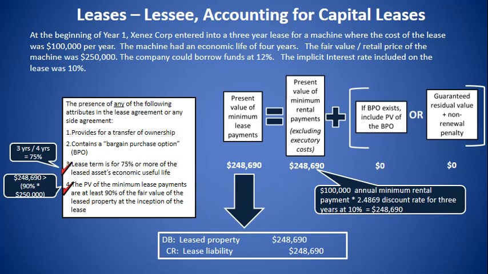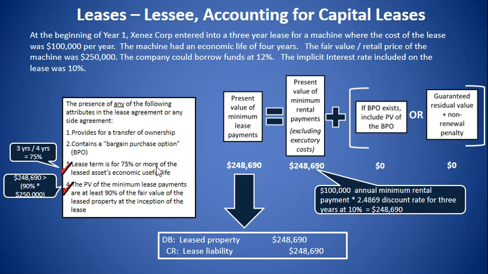Number 3, then, the lease term is for 75% or more of the leased asset's economic useful life. And in this case, the lease is for 3 years, economic useful life is for 4 years, so it's for 75% of the asset's economic useful life.